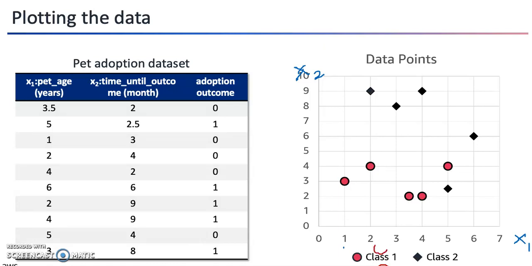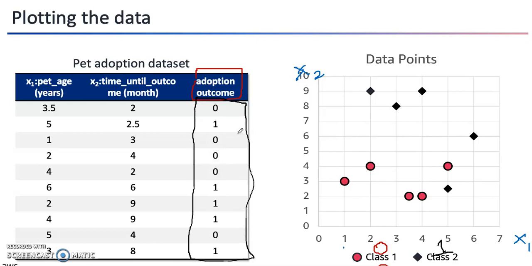That represents the value of 0 for the target, or this feature of outcome of adoption, representing there was no adoption, and the value of 1 is represented with the color black and the shape of a diamond, right? So this encoding already took place and is encoded with binary.